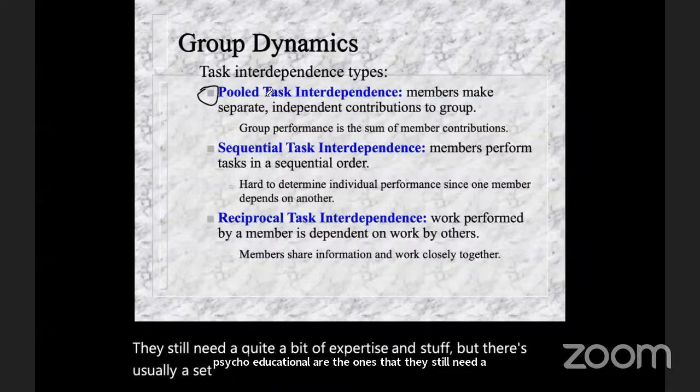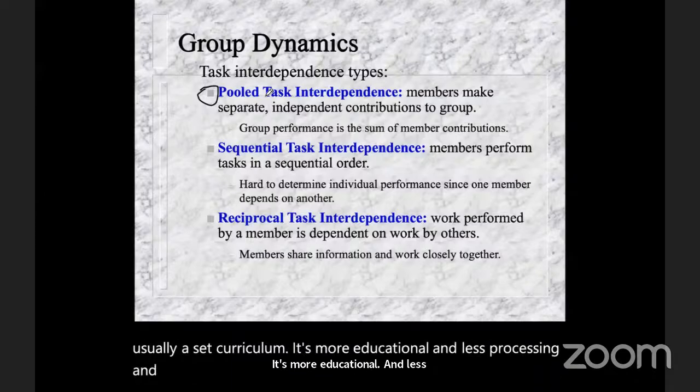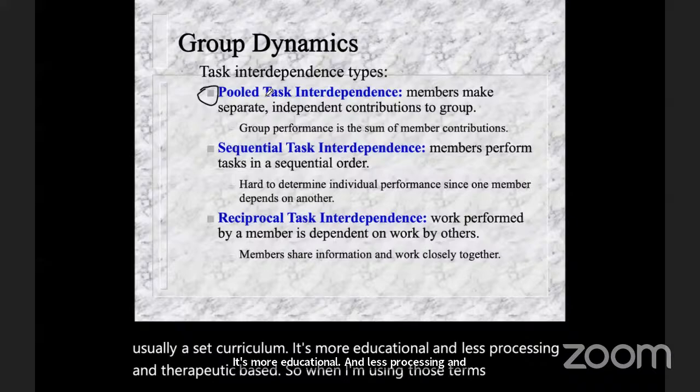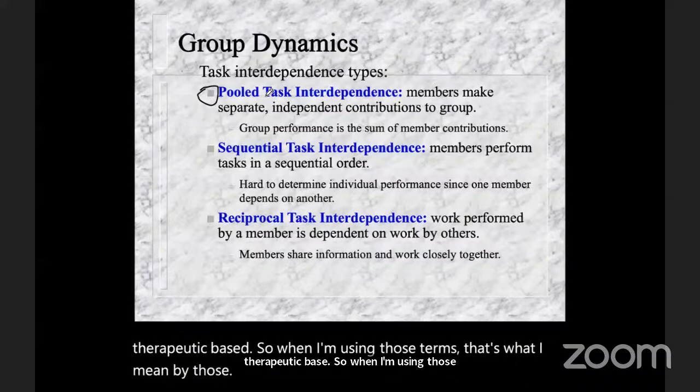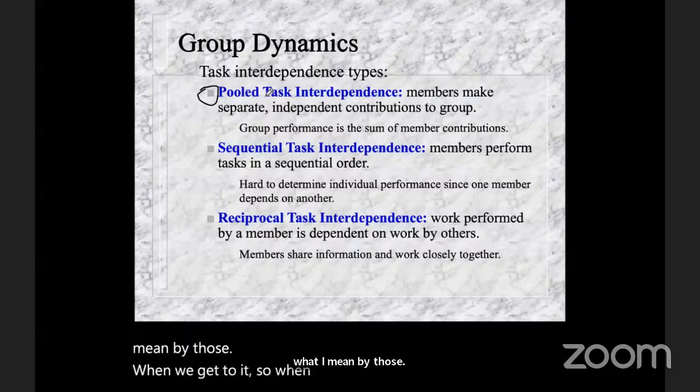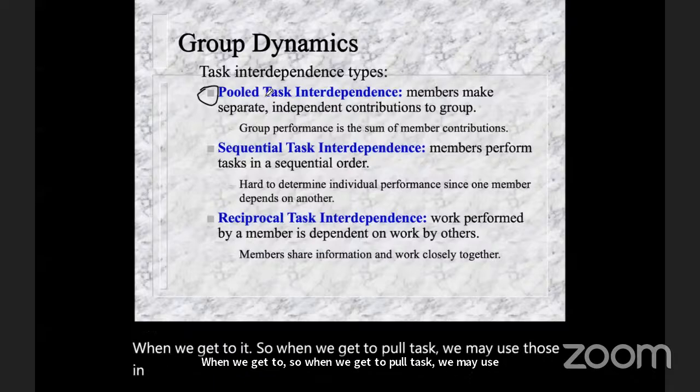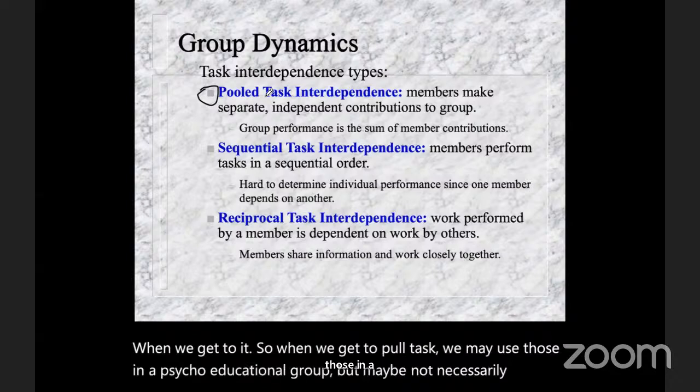It's more educational and less processing and therapeutic based. So when I'm using those terms, that's what I mean by those. When we get to pooled task, we may use those in a psychoeducational group, but maybe not necessarily a process group or a therapeutic group.